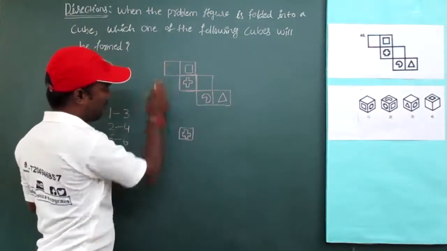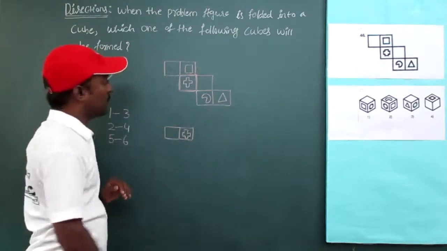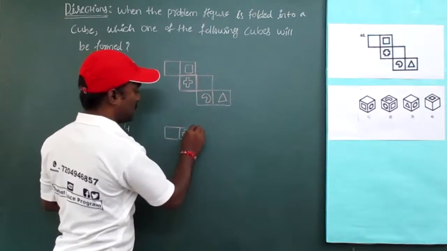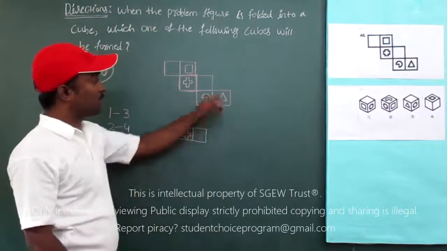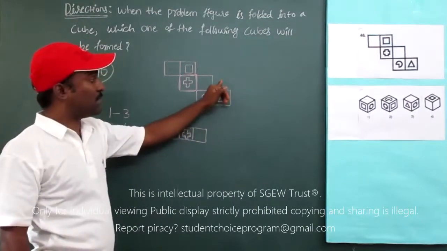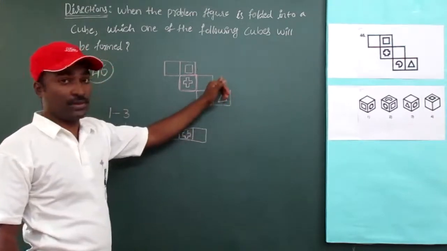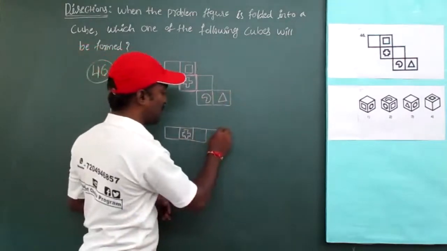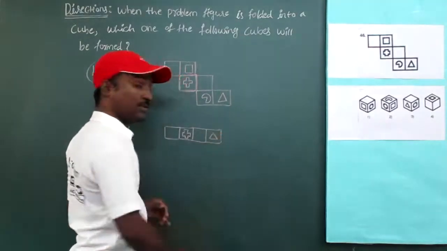If you shift this face here, then this will look like this. Now you keep this face as it is, so draw that face as it is here. Now there is no face here, so you have to shift this face here. If you shift that, the figure will look like this.